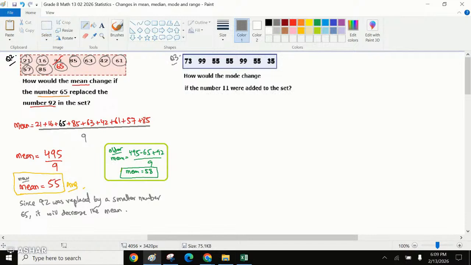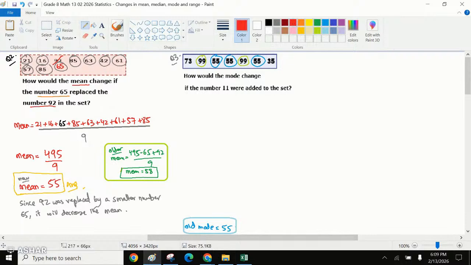Okay, so what is the older mode, without change? We can see 55 three times, right? And we can see 99 twice. That means the older mode was 55. Agreed? Without changes in the values, the mode was 55.